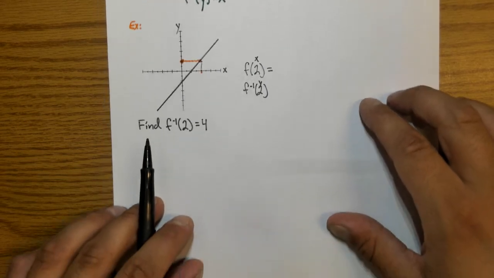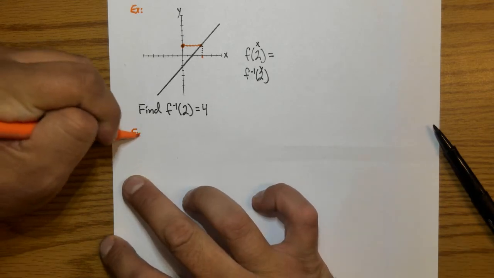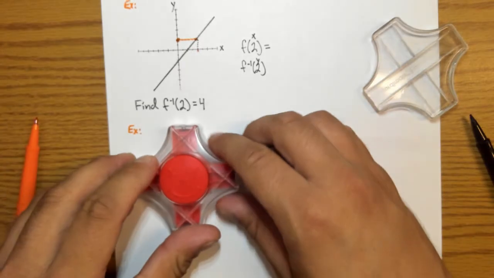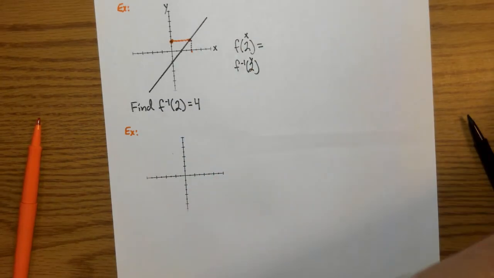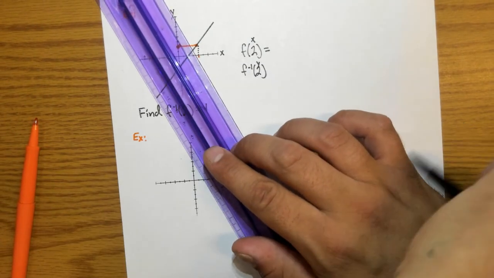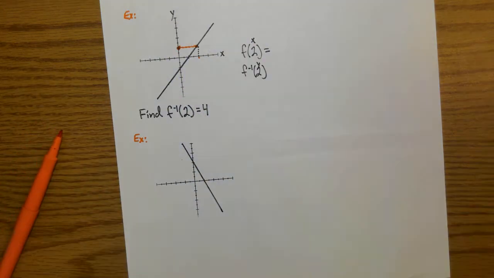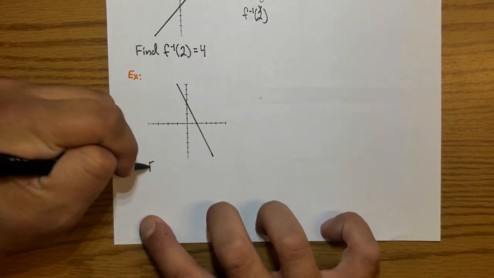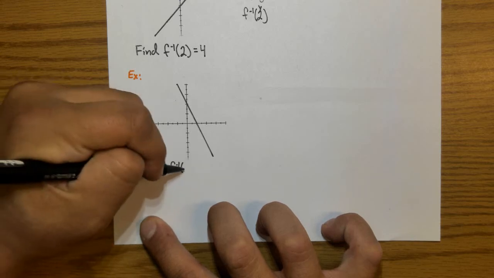So let's take a look at another example. This will be our last example here. So let's say we now have this function, and we want to find f inverse of negative 4.